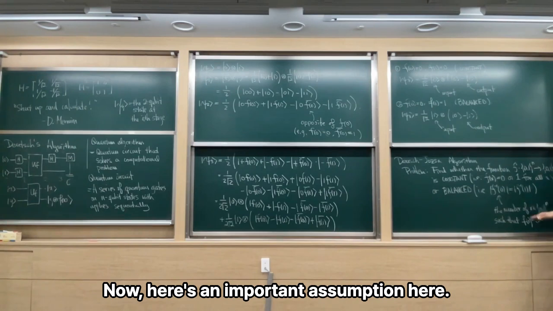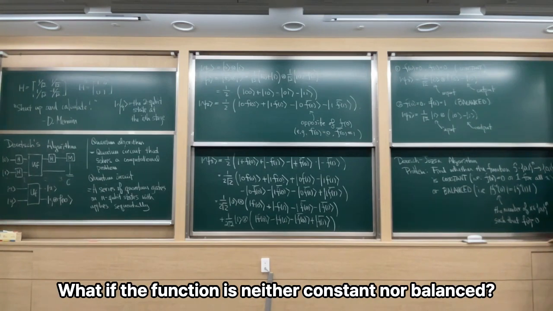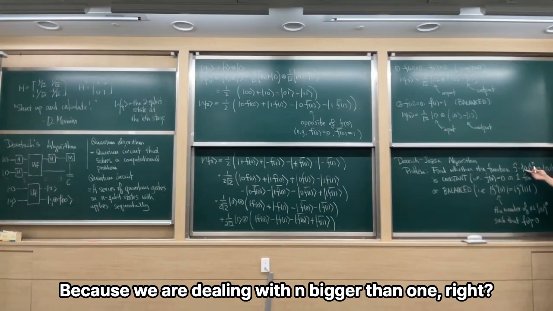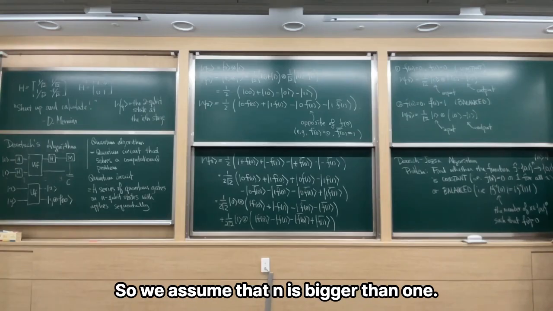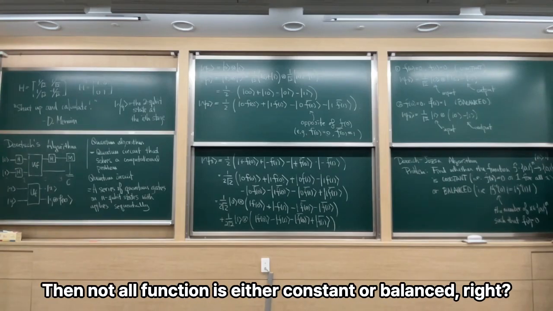Now, here's the important assumption. What if the function is neither constant nor balanced? Because we are dealing with n bigger than 1, right? If n equals 1, it goes right to Deutsch's problem. So we assume that n is bigger than 1. Then not every function is either constant or balanced, right?